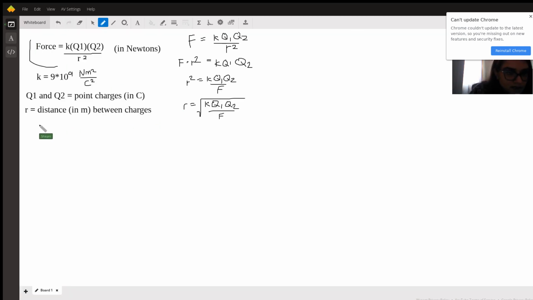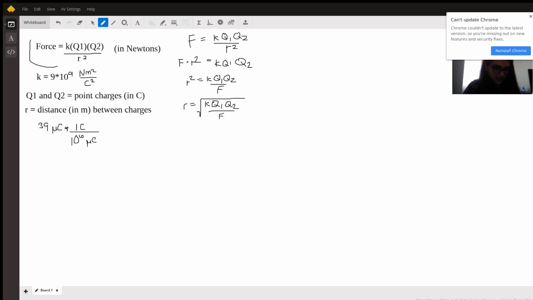So 39 microcoulombs times 1 coulomb over 10 to the 6 microcoulombs. So this is the conversion factor, since there are 10 to the 6 microcoulombs in a coulomb.